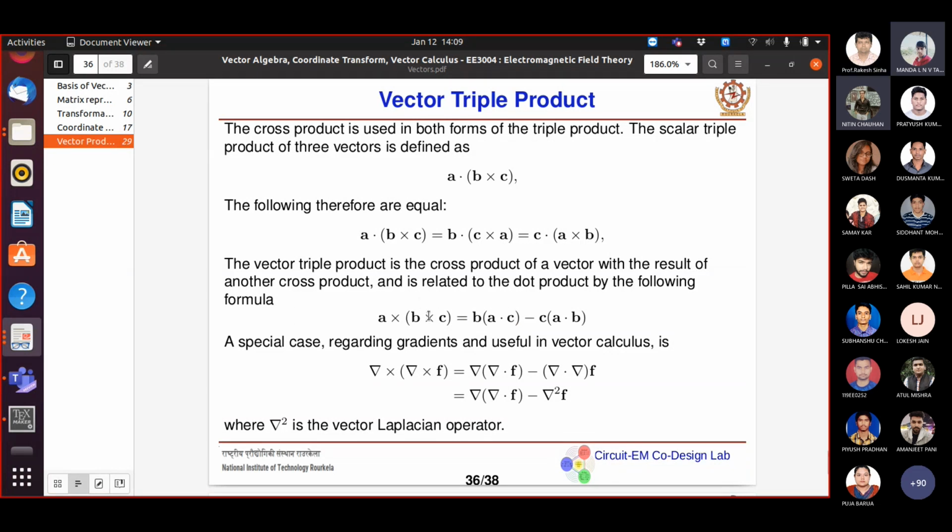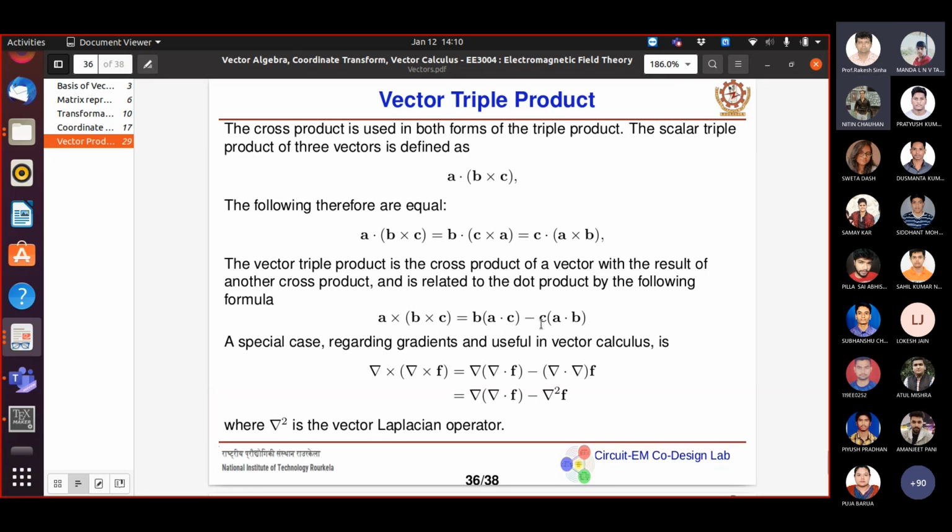If you multiply a scalar before or after, it is the same. Multiplying a vector with a scalar is basically scaling of the vector.